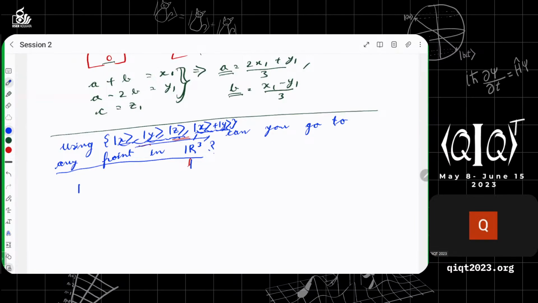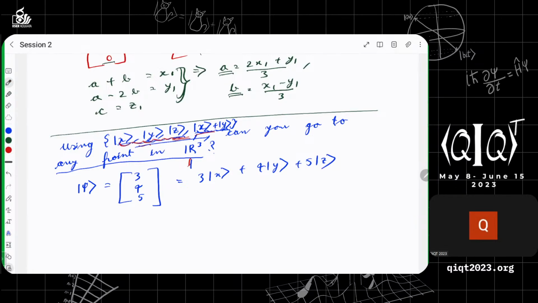So let's take this vector, which is 3, 4, 5, for example. Now you can represent it as 3x plus 4y plus 5z, and that is using only the first 3 elements, and you don't use this one altogether.